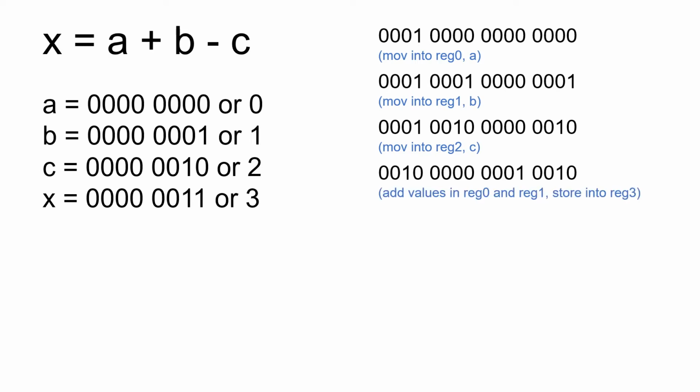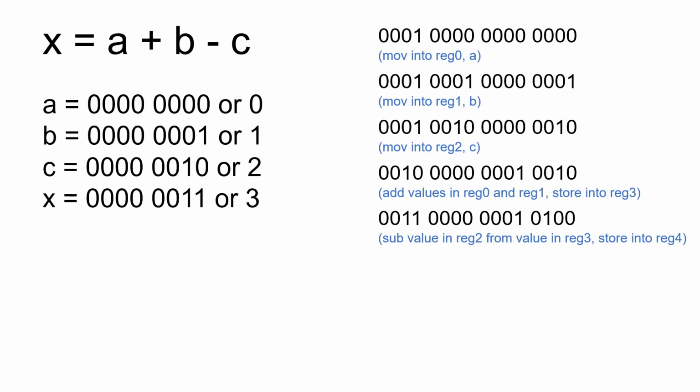Then we say add the values in register 0 and 1, and then store the result in register 3. Then we say subtract the value in register 2, which is, remember, C, from the value in register 3, which is what we just added in the previous command, and store the result in register 4.